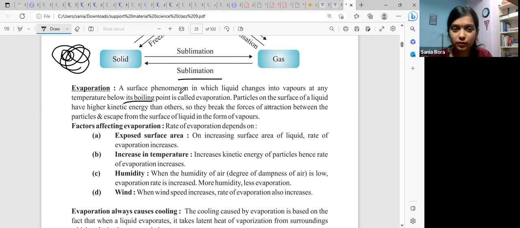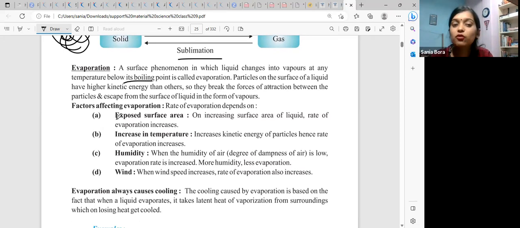So this is basically evaporation. Now, there are some factors that affect the rate of evaporation. First of all, exposed surface area. For example, this is a t-shirt that you have to dry, right? If you spread it, it will take less time for the liquid particles over there to turn into vapor.